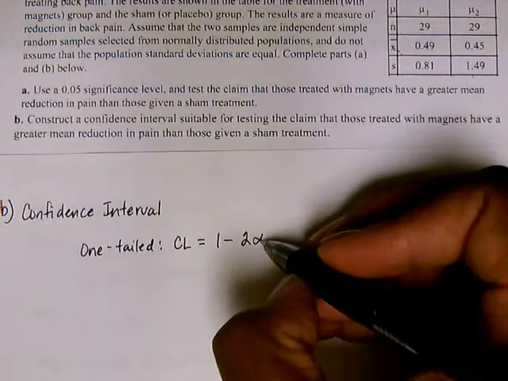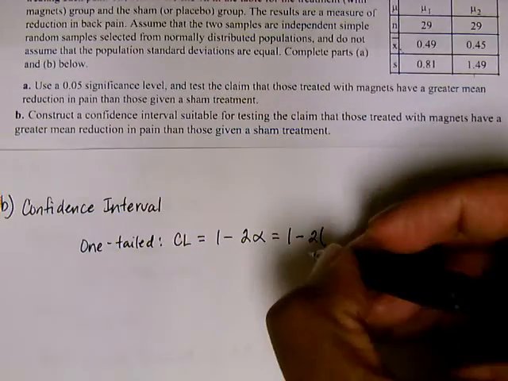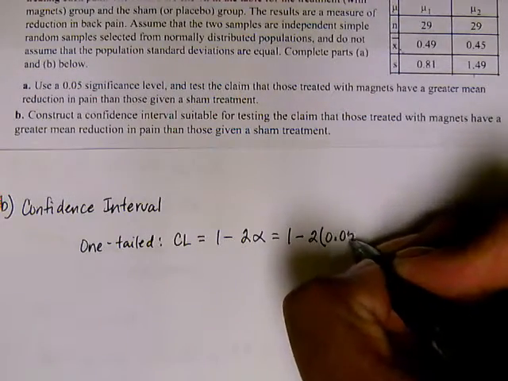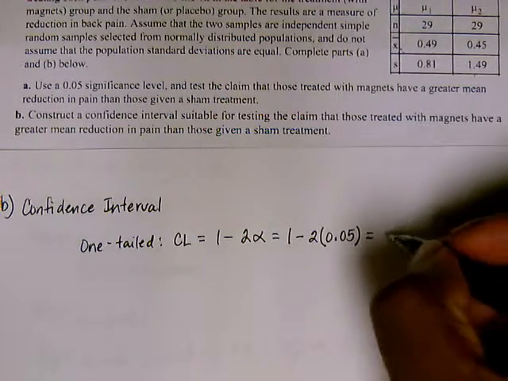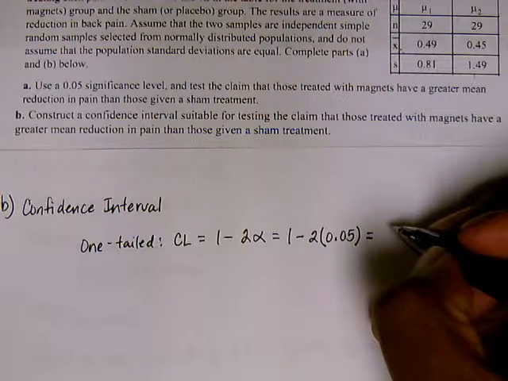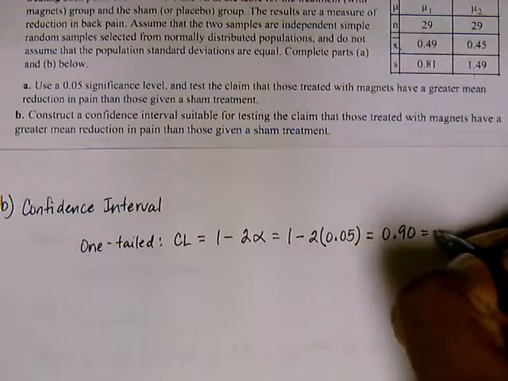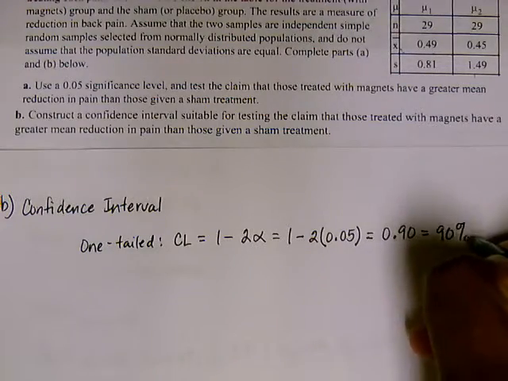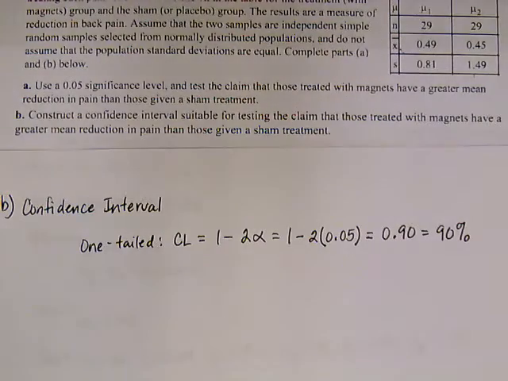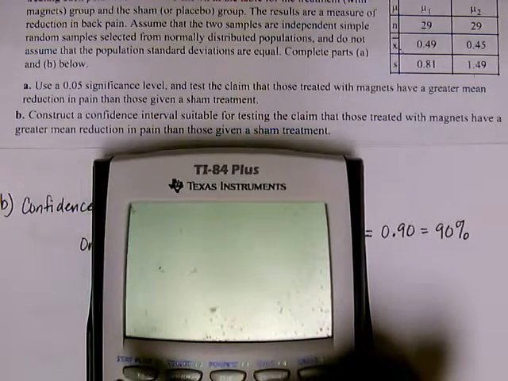So in this case here, 1 minus 2 times, my alpha level or level of significance was 0.05. So 1 minus 2 times 0.05 would give me 0.90, which as a percent will be 90%. So we're going to be constructing a 90% confidence interval estimate in this case.